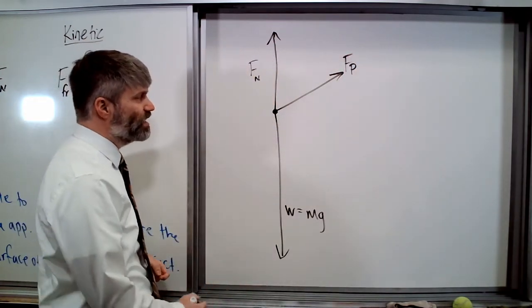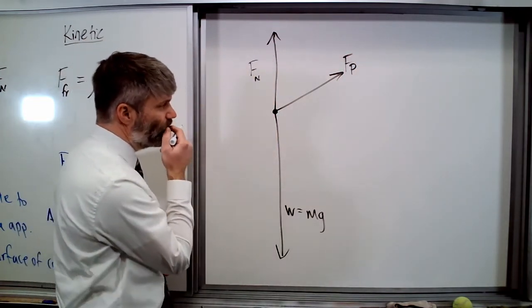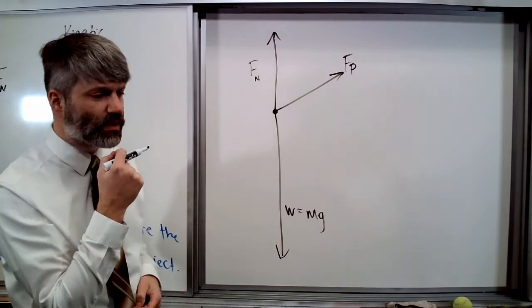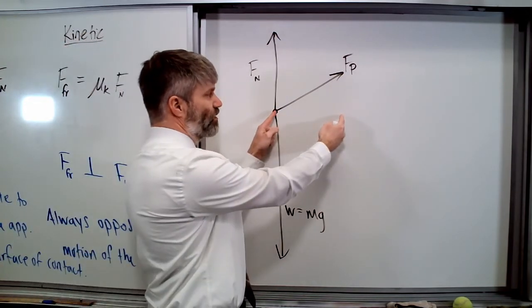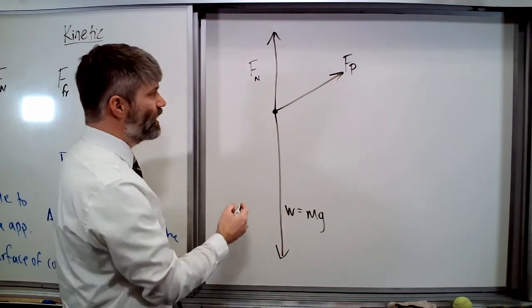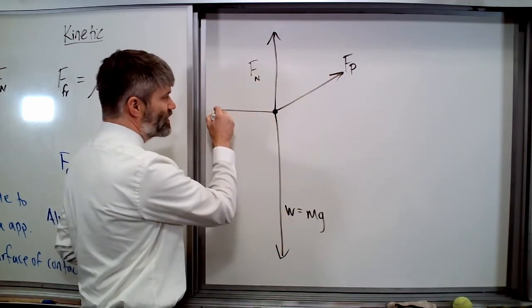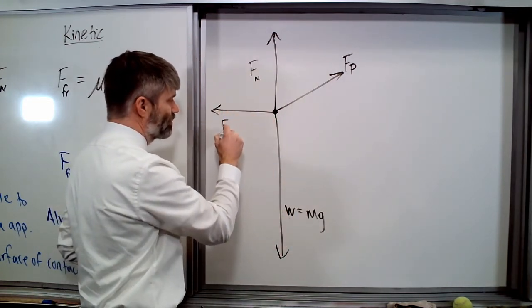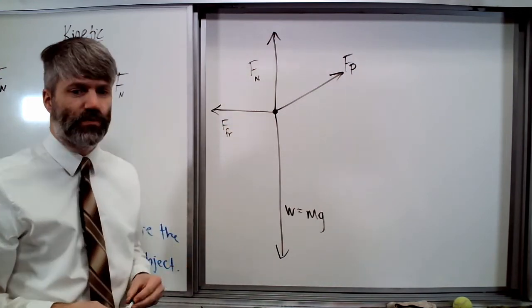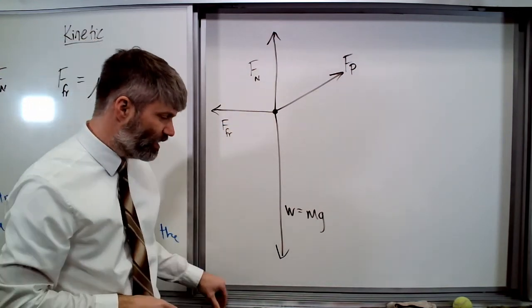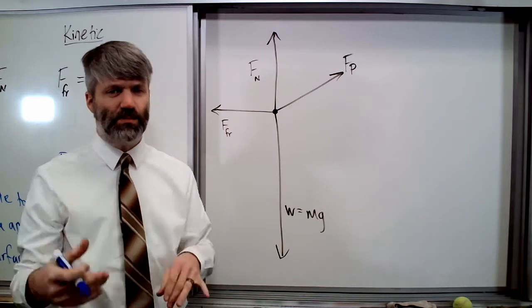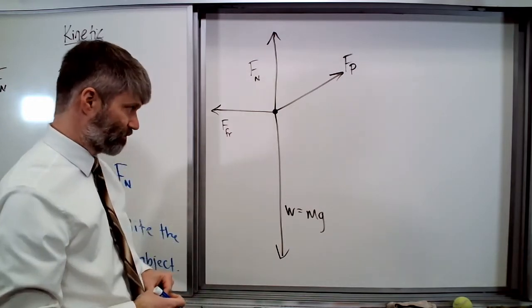Right, so there's F of P, and then the force of friction, well, if it is moving at constant speed, there is a horizontal component of the pull that the force of friction has to just balance. So we'll have the force of friction like so. This here is going to be a semi-accurate free body diagram.